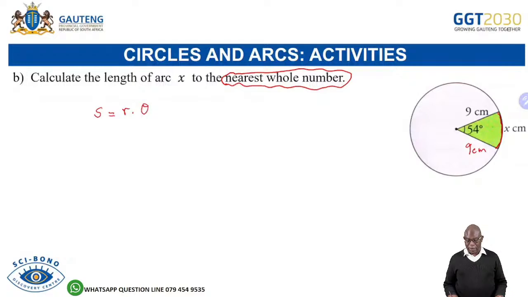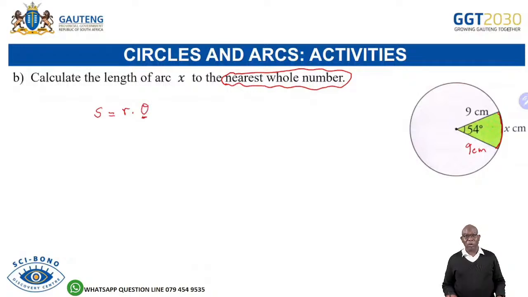is in radians. So which means I must then go back and check. Do you remember the question in A says change 54 degrees to radians? So already I know what the value of theta is in radians. But in some question papers, you'll find that you are only given that degree as 54.